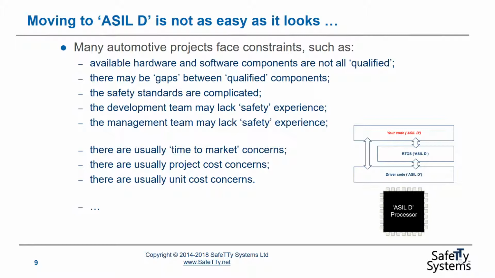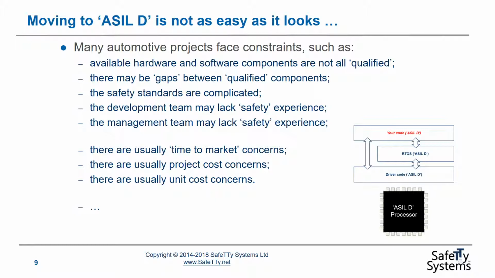But there are other constraints here as well that also need to be considered. This is a fairly typical list that we find when we talk to organizations. People building a project tend to find that the hardware and software components that they want to use are not all qualified. There may be gaps between the qualified components. The safety standards are complicated.